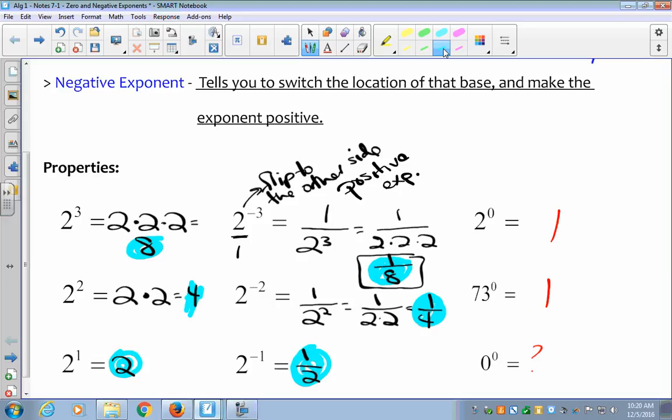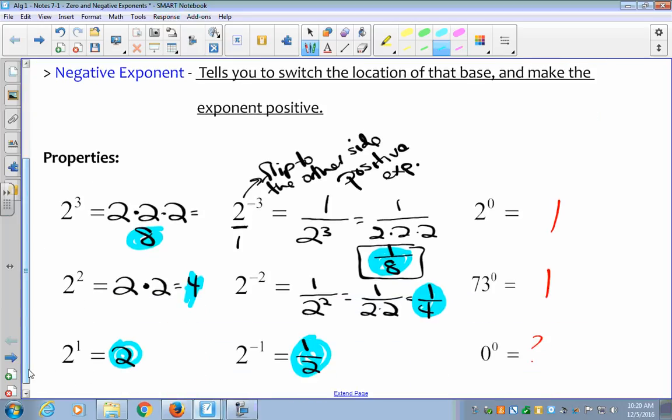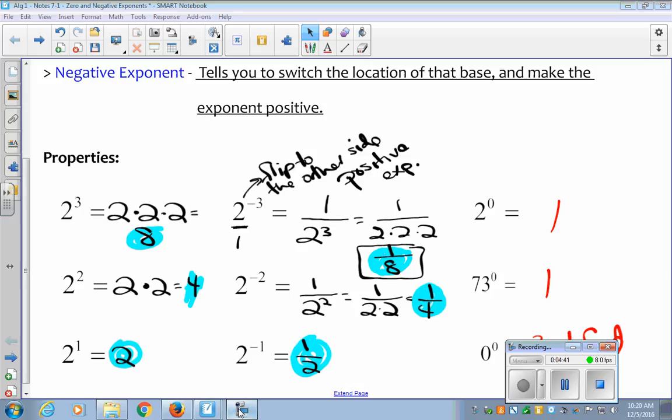We don't do this because it says every non-zero number. So in this case, I will never give this to you. Okay, let me pause the line.